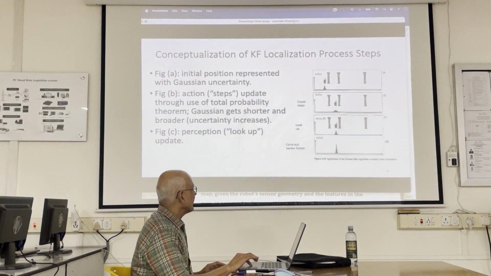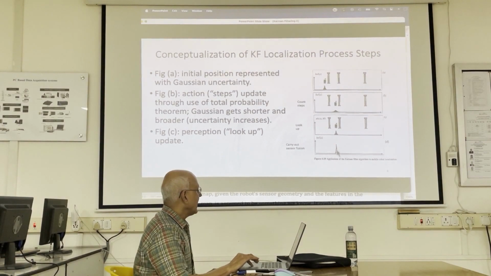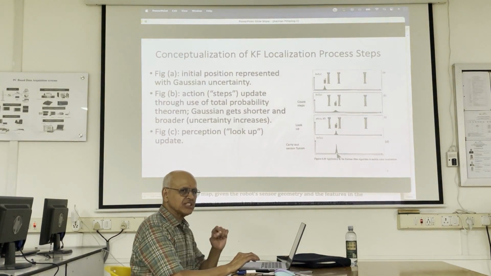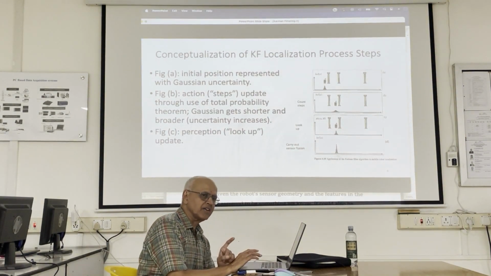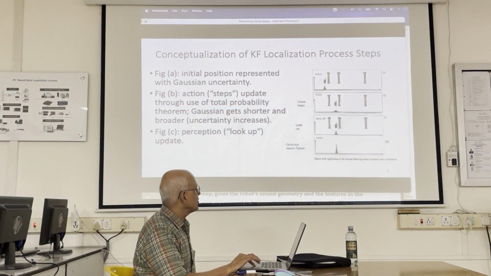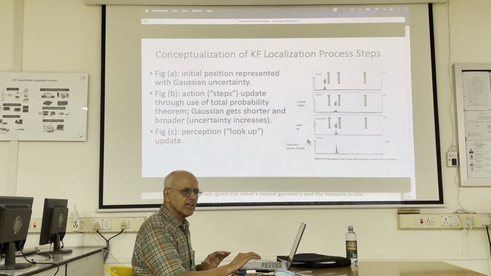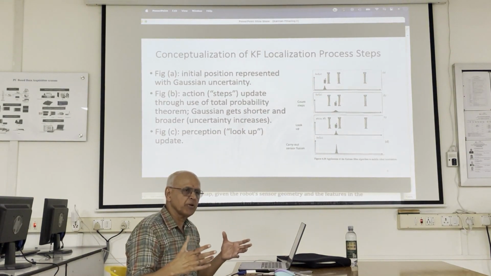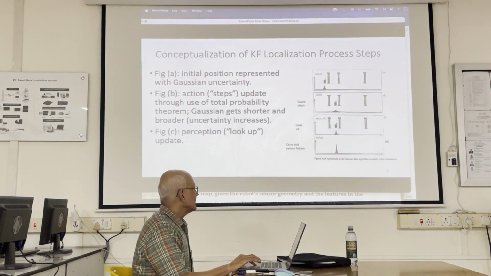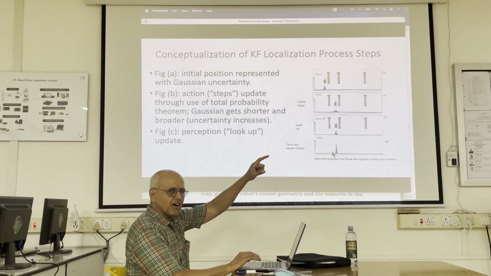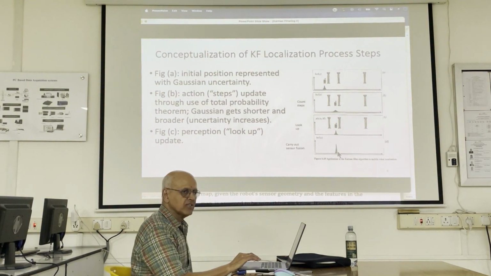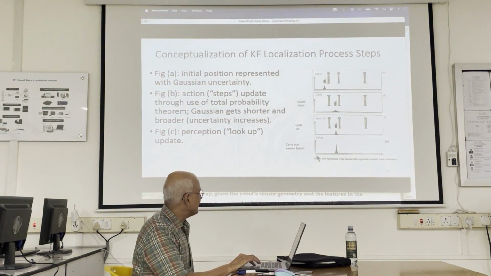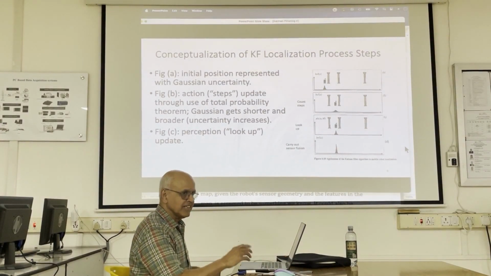Essentially, when you multiply these two and create the product, initially the area under the curve will not be 1. Because you're just multiplying two Gaussians, there is no reason why the area under the product Gaussian should be 1. But that intermediate step, the numerator of the Bayes rule, if you find out the area under the curve, and then divide every point by the area, that is the same area, right?